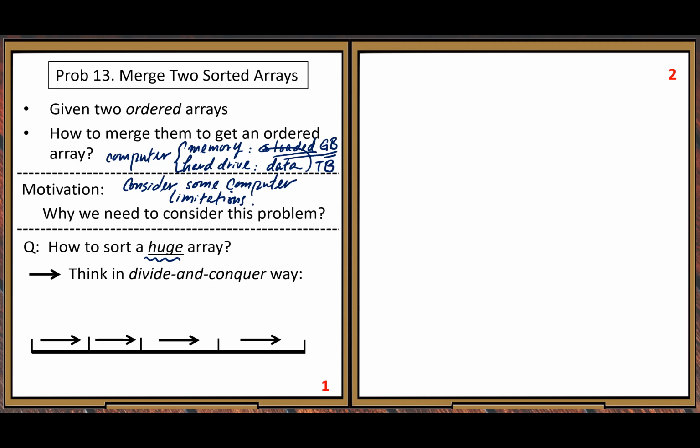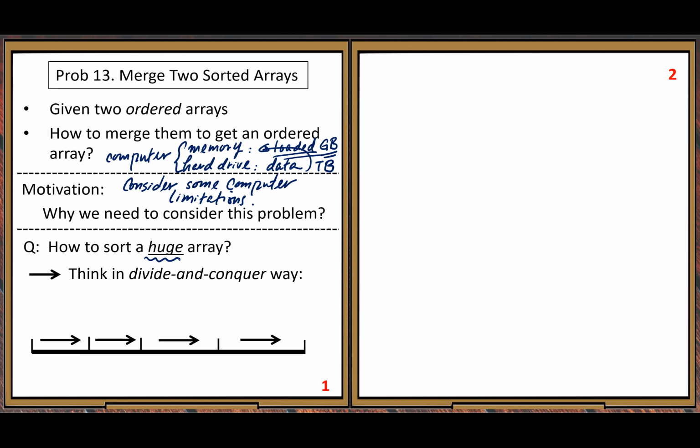After that, our goal is to make the whole array sorted. Can you relate the next step to the merge step I just described above? Because if we consider two subarrays, each one already sorted, the next thing we need to do is merge these two ordered arrays. That's the problem number 13 we need to solve.